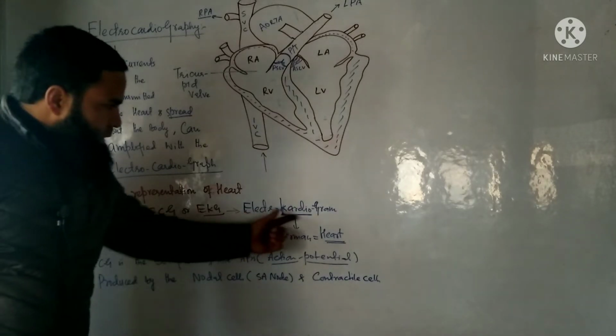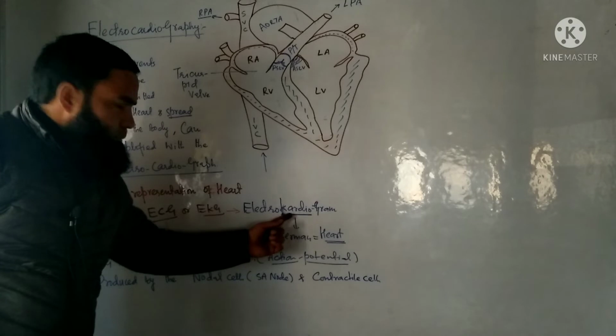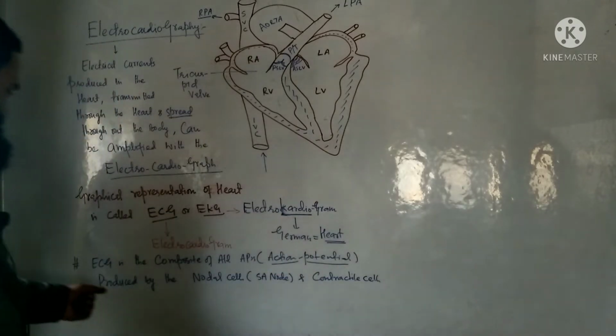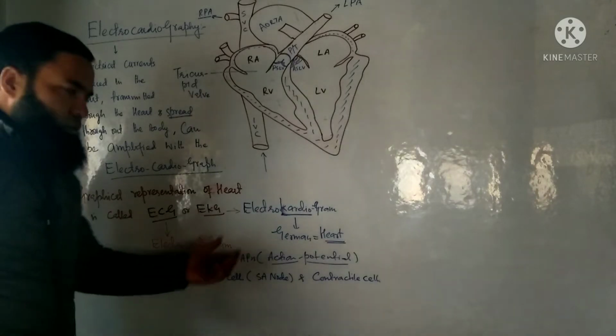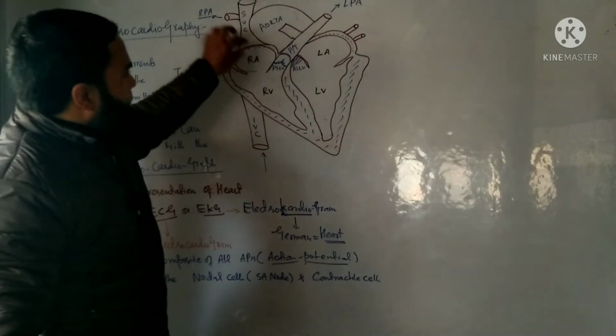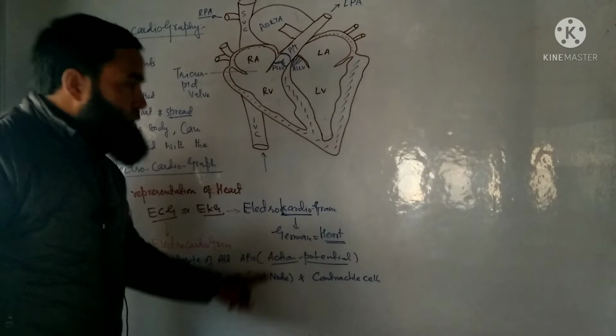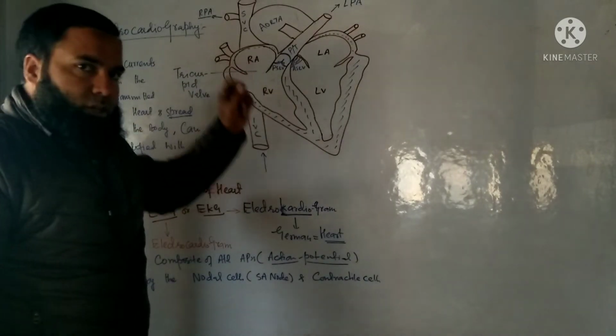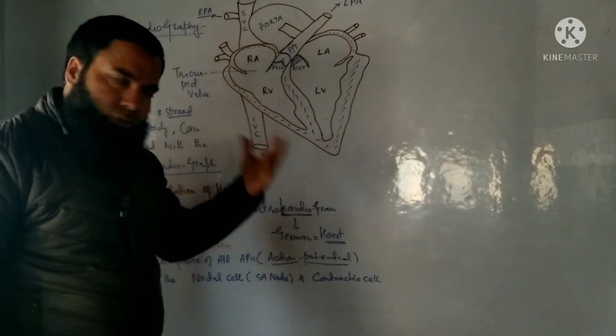It is also called the electrocardiogram. K means cardio, and cardio is a German word, that is the heart. So ECG is composed of all APs. That means the APs in the form of the SA node. The SA node is found in the right atrium, on the upper side of the right atrium. It generates the wave of depolarization of its own.